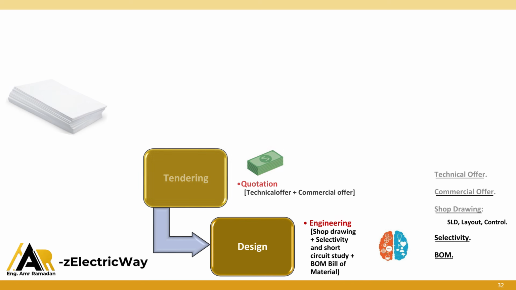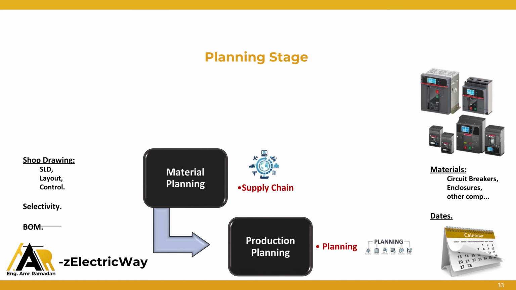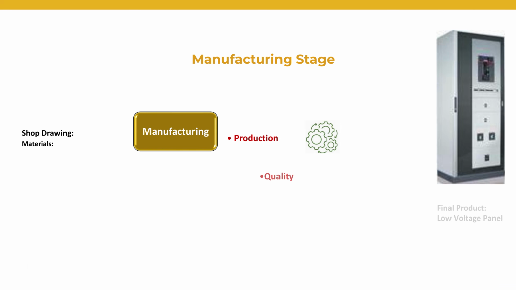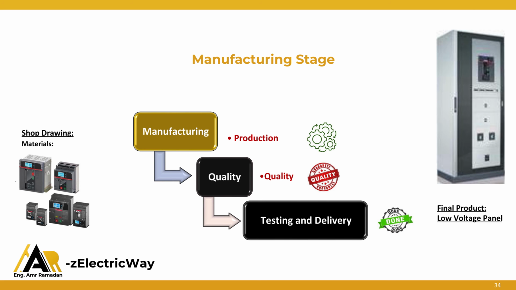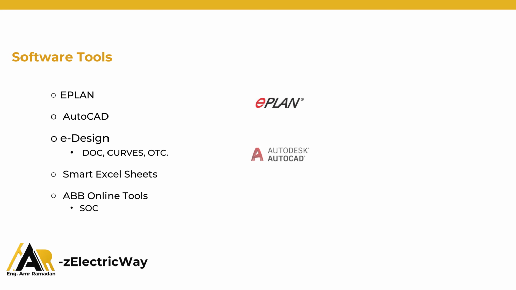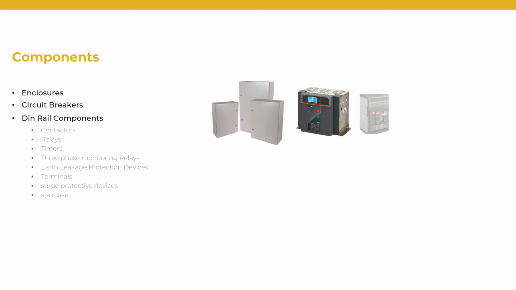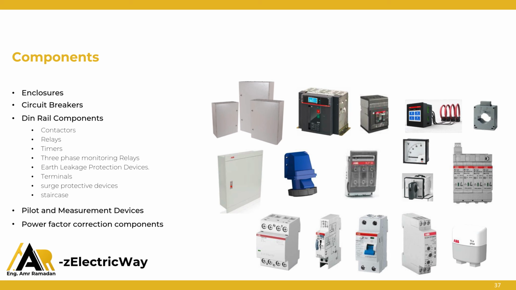Technical responsibilities: tender, engineering, production, quality, approval stage, from the quotation, technical offer, commercial offer, finally BOM and shop drawings. Software tools: EPLAN, CAD, E-Design for ABB, Smart Excel, and ABB online tools.